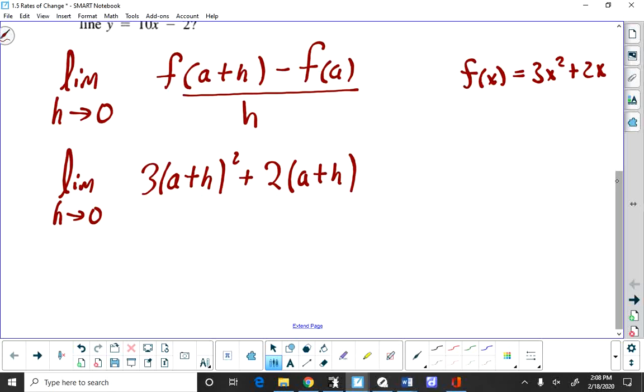So f of a plus h means I'm going to put a plus h into the function wherever there's an x. So it's 3 times the input squared plus 2 times the input minus f of a, which is what I get when I replace every x with a. Of course, remembering to subtract the whole thing.